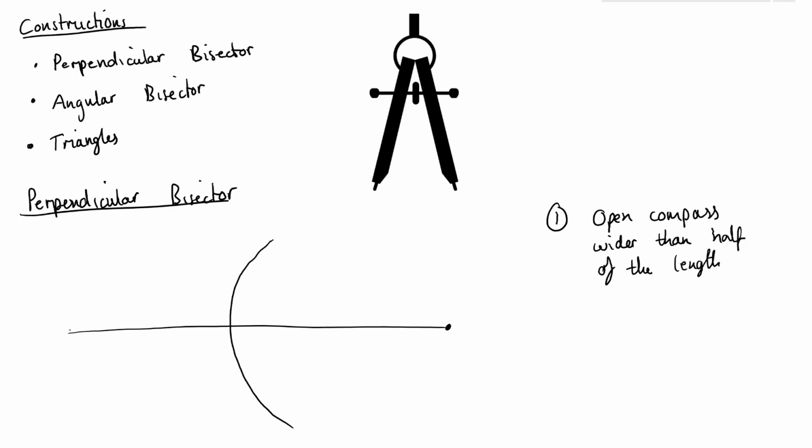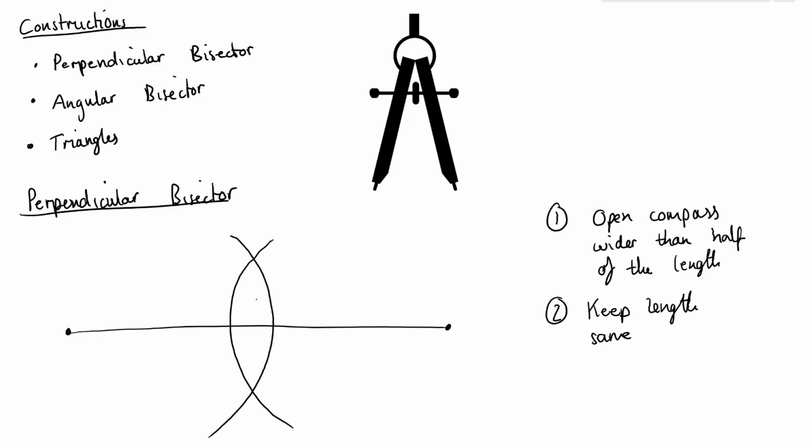Put your point on this point here. Step two, keep the length the same, and draw two arcs from here past the line. You should see that these arcs cross at these two points.